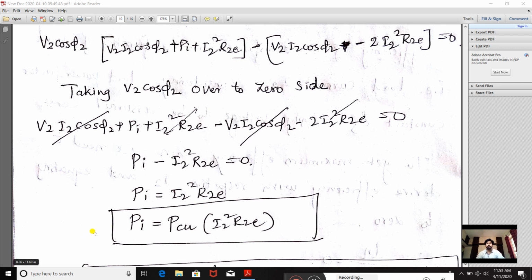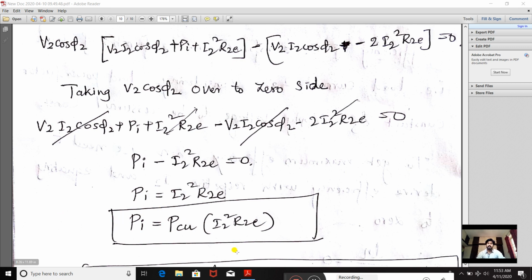In some numericals, they will ask you to determine the maximum efficiency. Whenever you are determining the maximum efficiency, you should use this particular condition: Pi is equal to PCU, Wi is equal to WCU, or iron loss is equal to copper loss. This condition you have to use to determine the maximum efficiency.